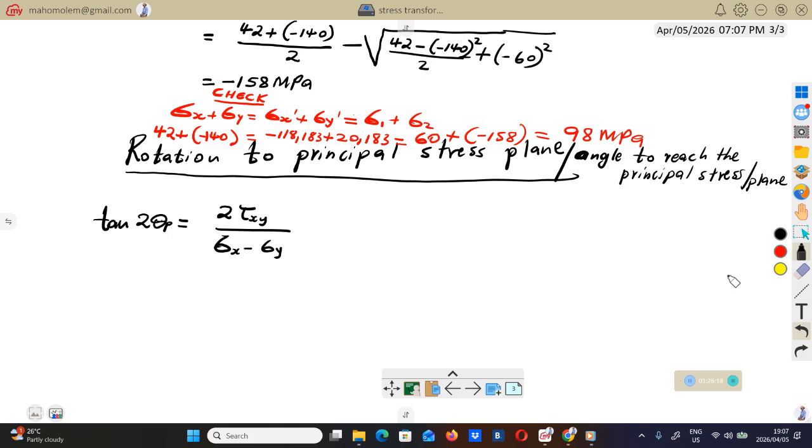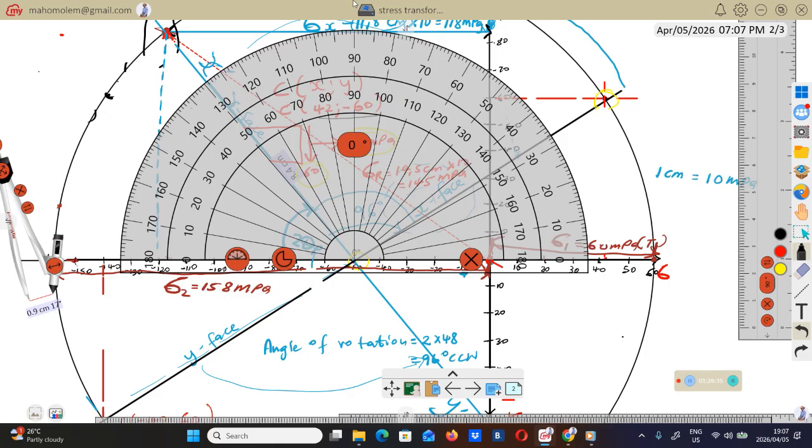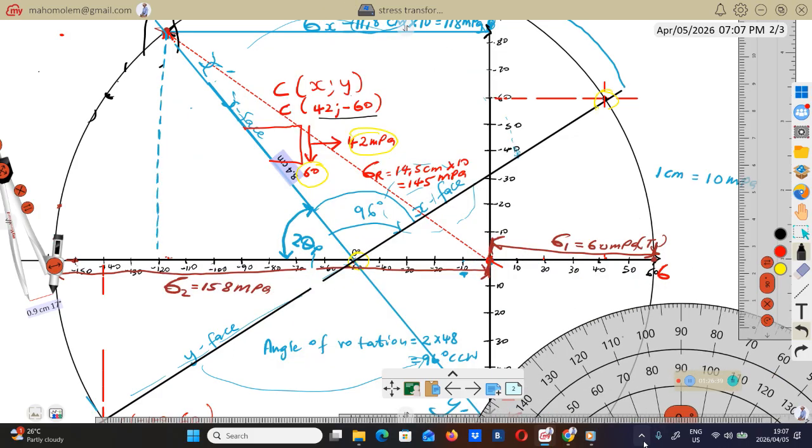Right, now to find theta p, which is the angle to reach the principal plane, we are going to measure from this black line to the horizontal axis.